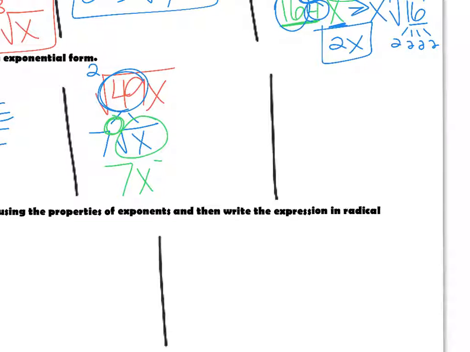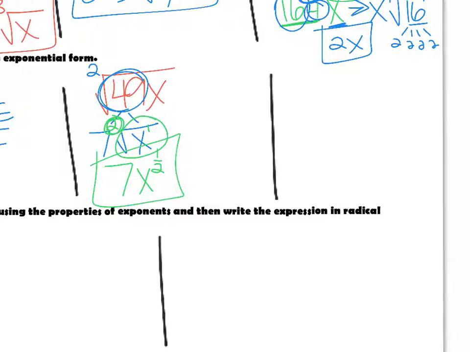Now I actually don't see either number. So on the x for the exponent, remember, if we don't see a number for the exponent, it's a 1. For the index, if you don't see a number, it's a 2. It defaults to a square root. So this would be 7x to the 1/2.